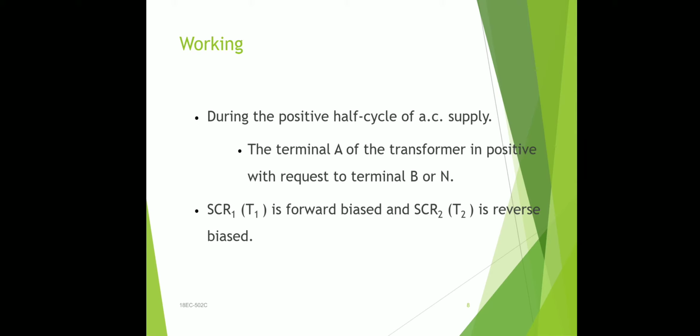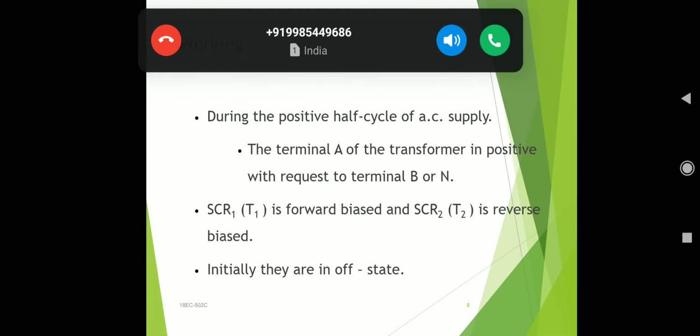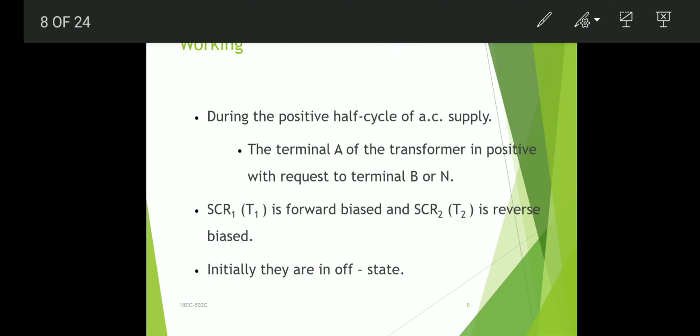Initially they are in off state. Before this, both are in the off state. After this positive half cycle, T1 is forward biased and T2 is reverse biased.